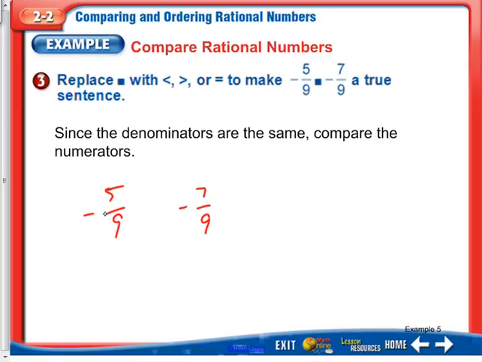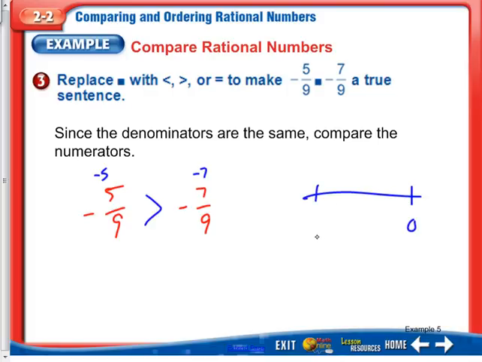All we need to do is compare -5 with -7. Okay, which one is bigger? Well, the -5 is greater because it's closest to 0. Again, if we went on a number line here, we have 0 right here.